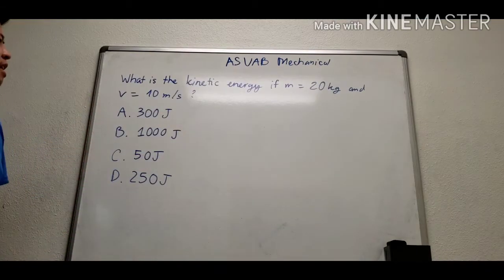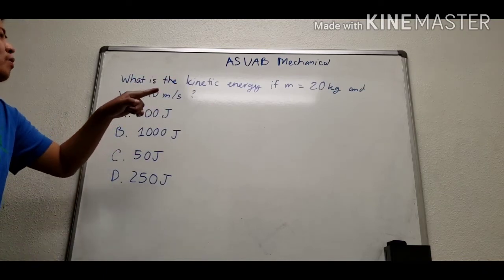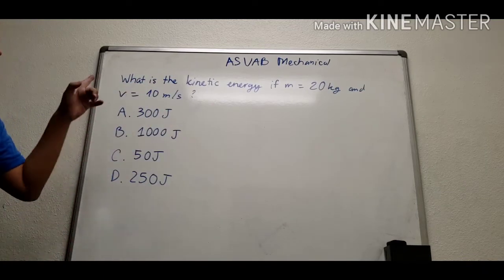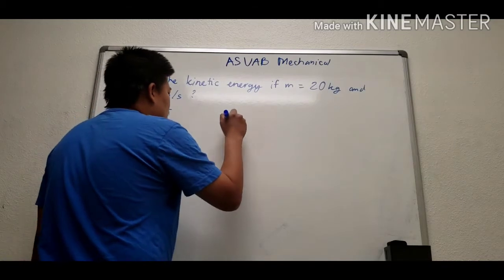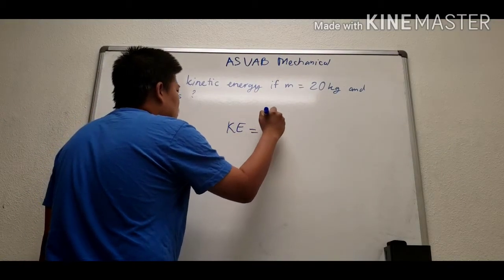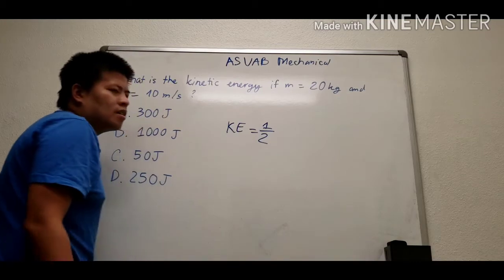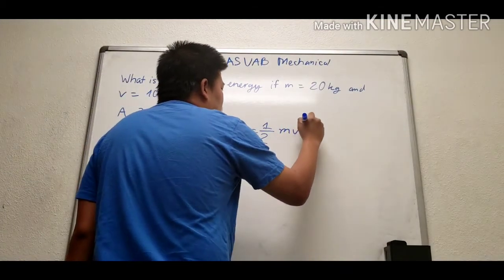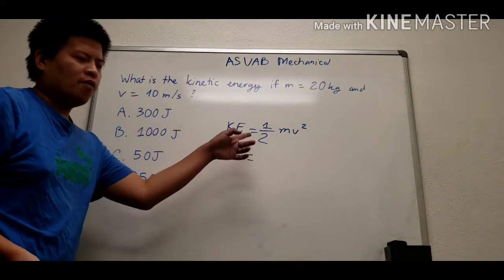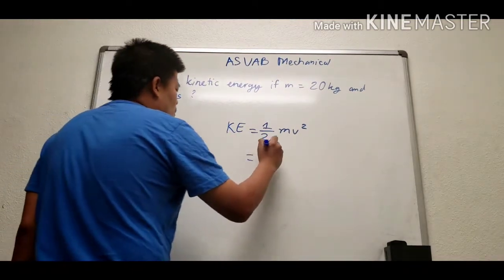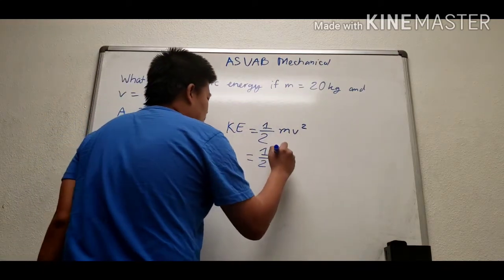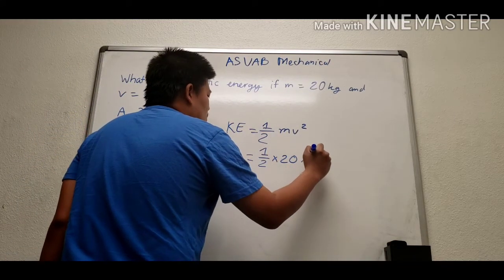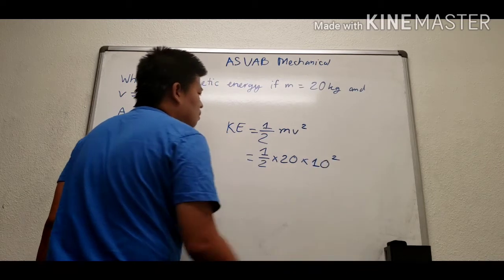What is the kinetic energy if m equal to 20 kilograms and the velocity is about 10 meters per second? So we just apply the formula. So we have the formula in here. We have 1/2. We multiply with 20 kilograms and we multiply with 10 power 2.